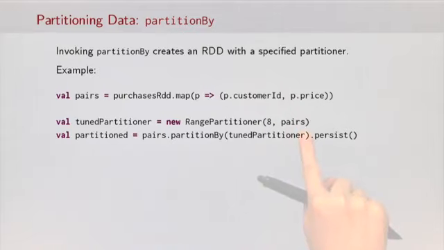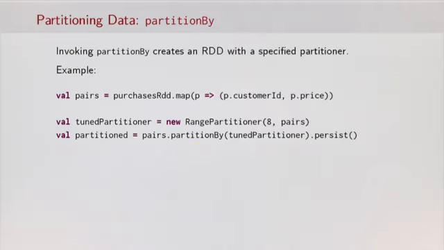In order to come up with these ranges, we need to sample the RDD that we'd like to have partitioned, so that's why we have to pass in pairs here. Spark will take pairs and sample it to figure out what the best ranges are. Now we simply invoke partitionBy on the pairs RDD, and we pass in the new range partitioner that we just created.